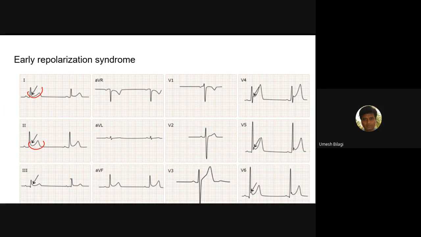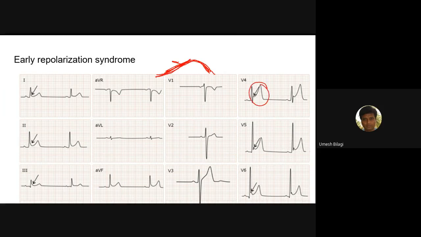You can see classically ST has gone up, and it is concave. And the T wave, usually the T wave is like this: the initial part has more slope, less slope, whereas this is a sudden drop. That is how the T wave usually is.